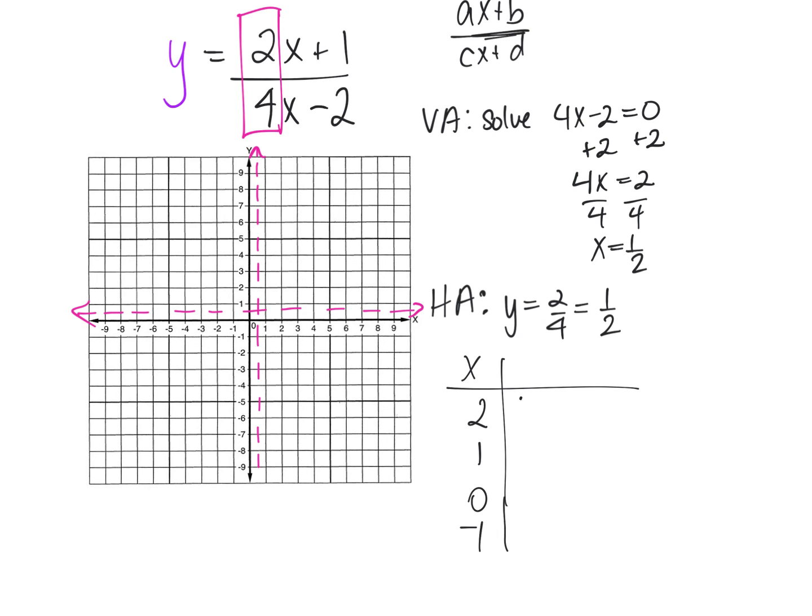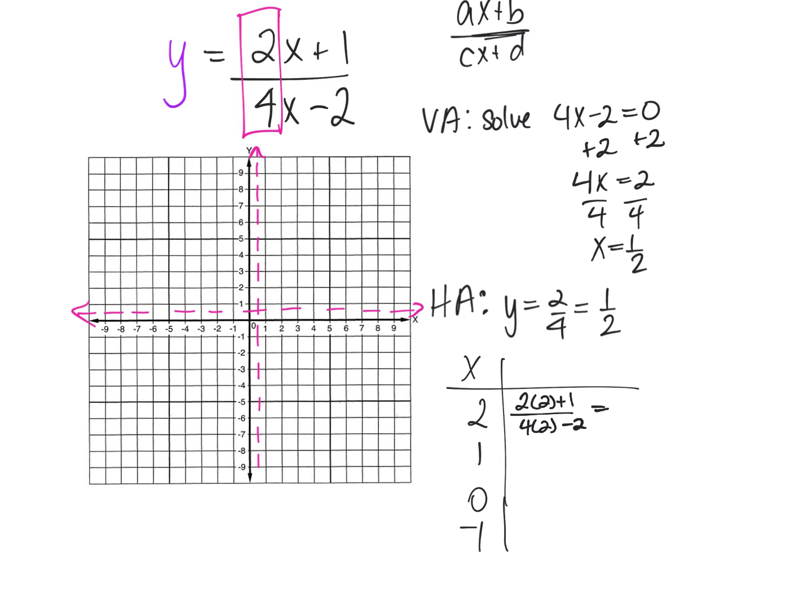Okay, so 2 times 2 plus 1 over 4 times 2 plus 1 is 5/7. No, 5/9, because I'll learn to multiply one day. Oh, it's -2. It is -2.